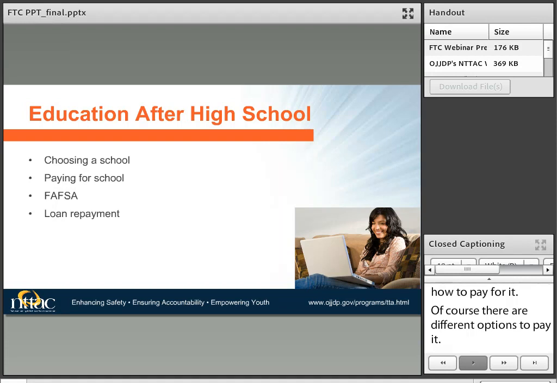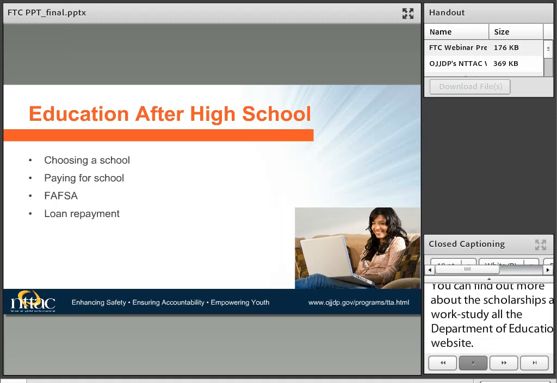But I'm going to mainly focus on loans today. But of course, you can find out more about these scholarships and work-study at the Department of Education's website, and I have that linked later. But I did want to take some time and talk about the differences between federal loans and private loans.